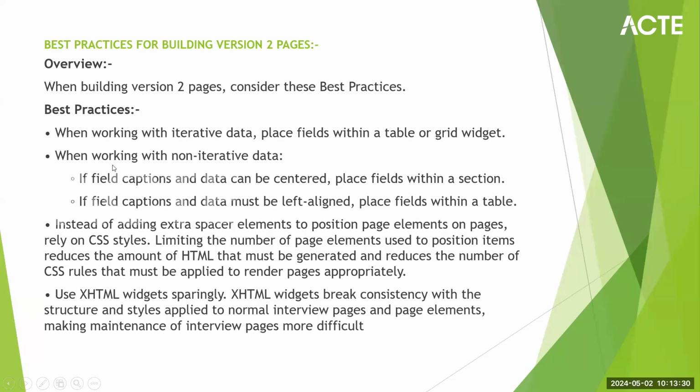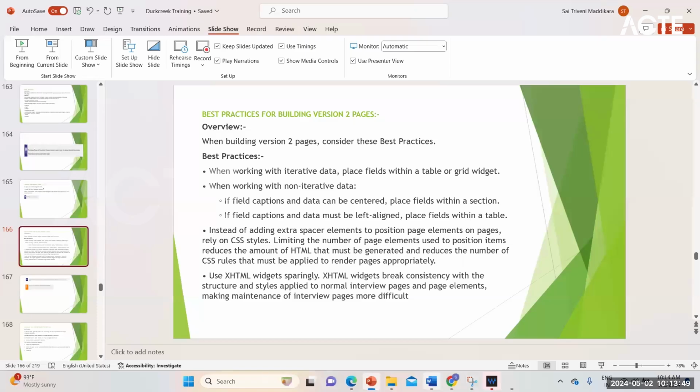Okay. When working with non-iterative data, the field caption and data can be centered and the field placed within the section. Field caption and data can be centered in the sense of alignment, you can keep it in center alignment and place the field within the section. Okay, it's better I show.